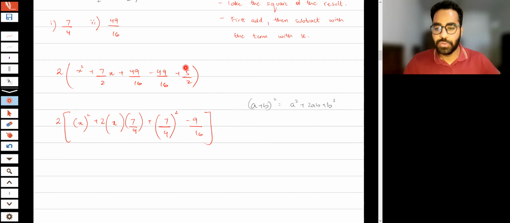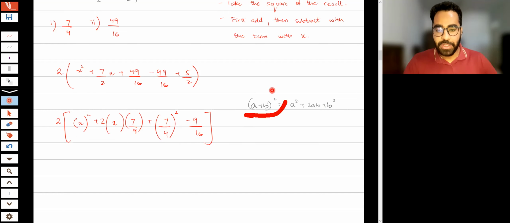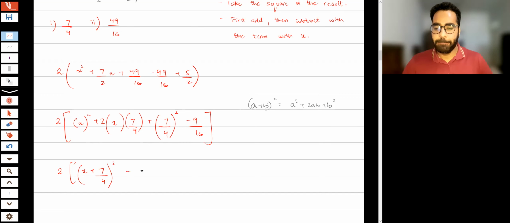The remaining 2 terms you simply add or subtract, okay? So on the first 3 terms I applied the identity, so I need to get to this form, which is a plus b whole square. So a is x, b is 7 upon 4, so x plus 7 upon 4 whole square is the result. So this will be x plus 7 upon 4 whole squared, minus 9 upon 16 would come as it is.